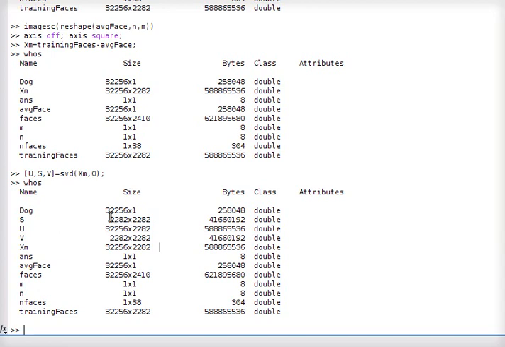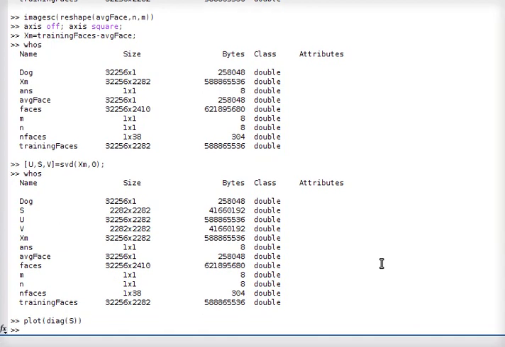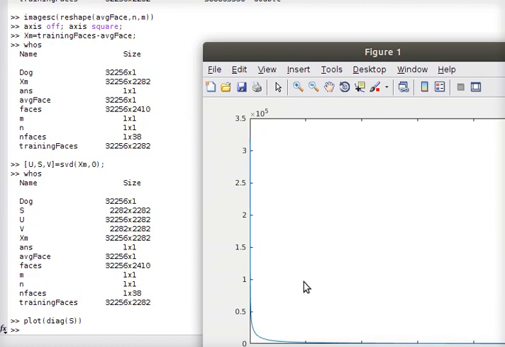Okay. First of all, let's take a look at these diagonal entries in S. So if we take a look at those, go ahead and plot diag S. If you just plot the diagonal entries, you're not going to see a lot. This is really a common thing. It starts off really big and then they drop off really fast.